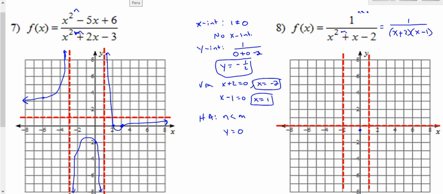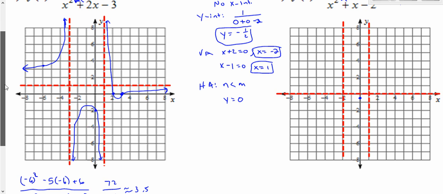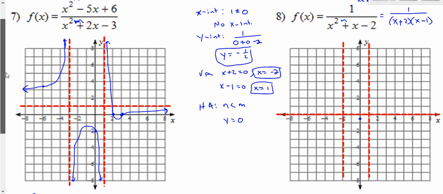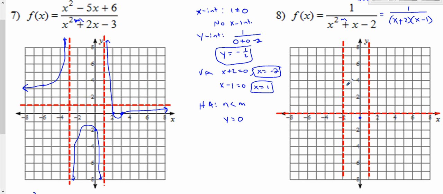All right, and now I'm going to do my test points. 0.1 units away from negative 2 will be negative 2.1 and negative 1.9. 0.1 units away from 1 are 0.9 and 1.1.